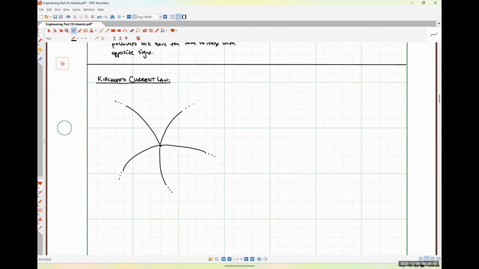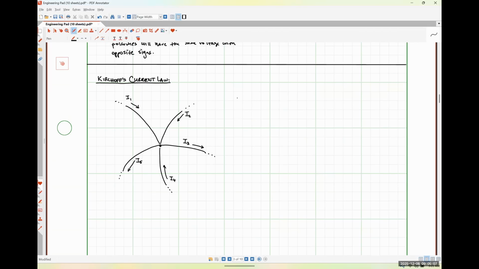I'm going to start with a current I1 here that's flowing in towards that central node. Let's say that I2 also flows in. I3 is going to flow out. I4 is going to flow in. And I5 is going to flow out.